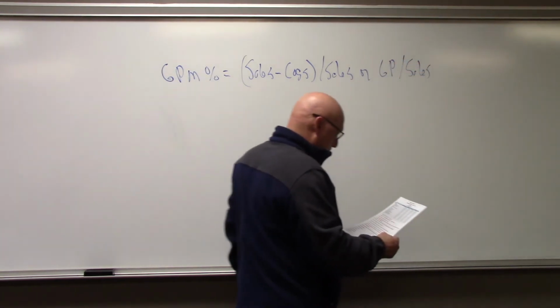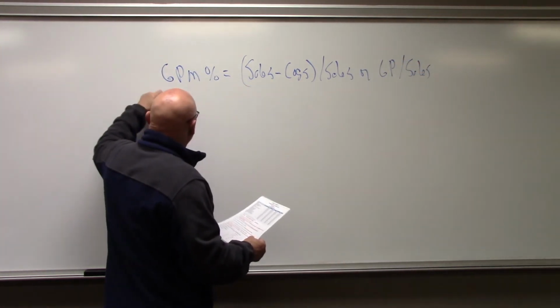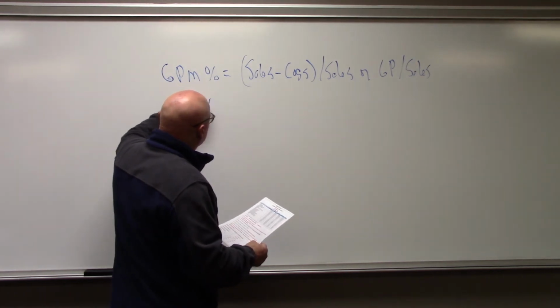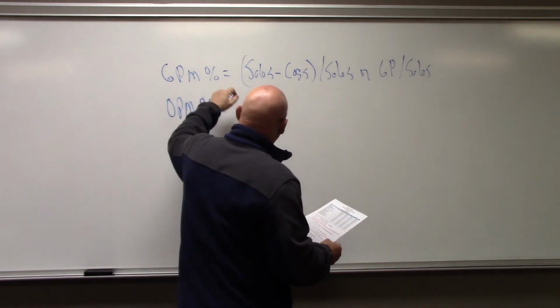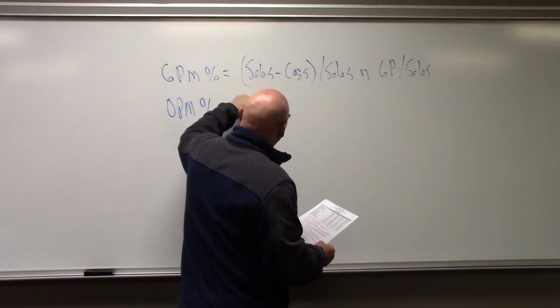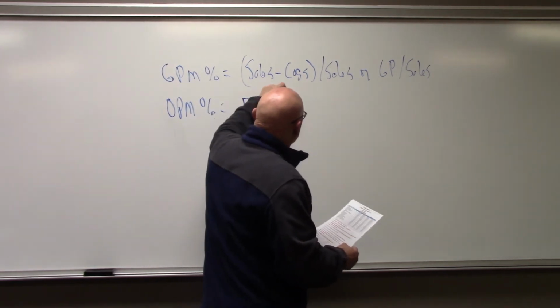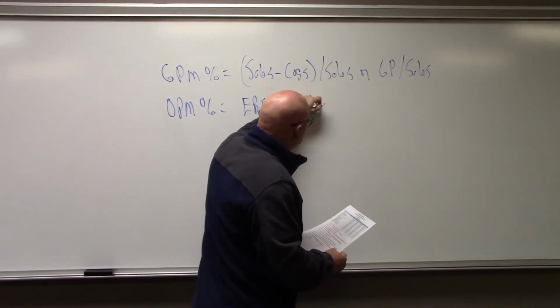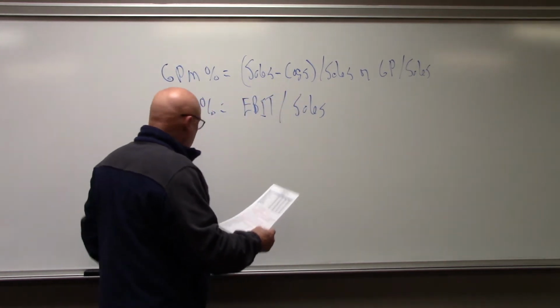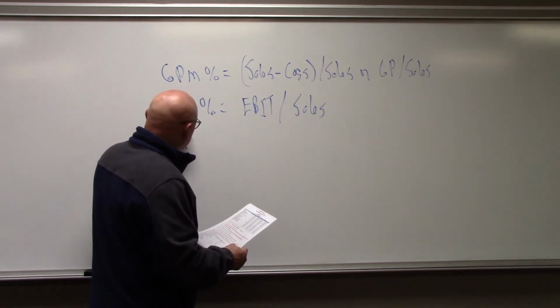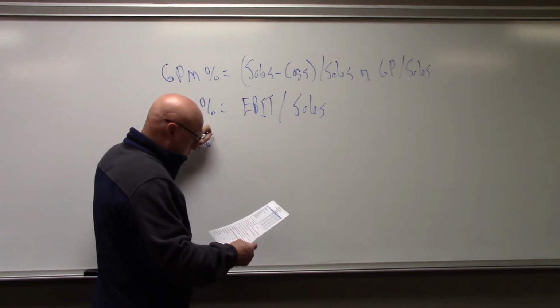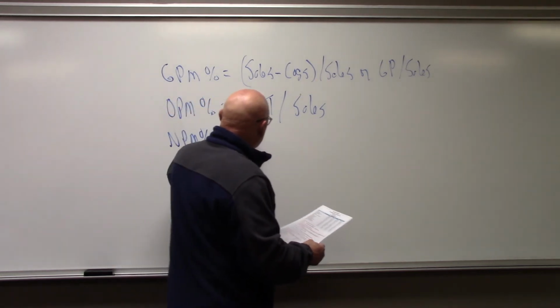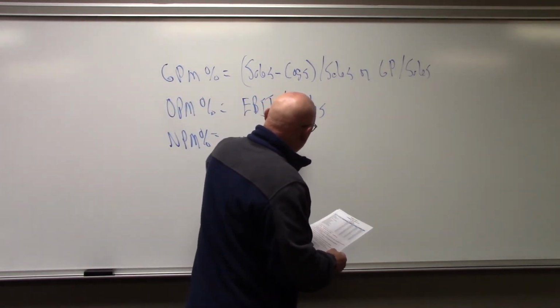All right, operating profit margin percentage is equal to EBIT divided by sales. Net profit margin percentage is equal to net income divided by sales.